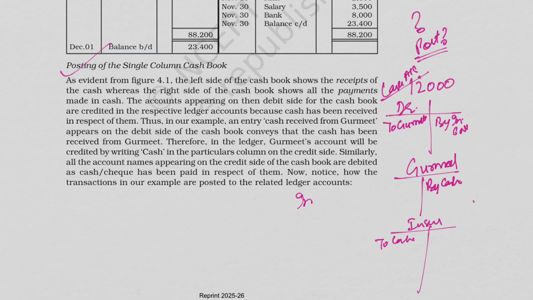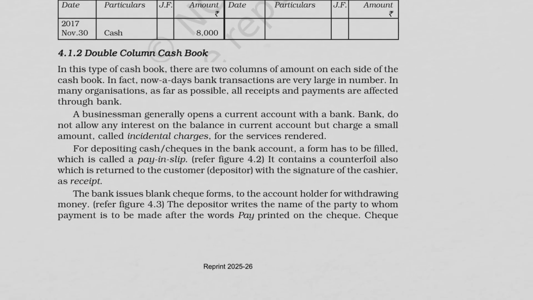So all this we have discussed. This is how posting is done. All accounts like sales account, insurance account, furniture account, purchase account, stationery account, rent account are posted from this cash book.